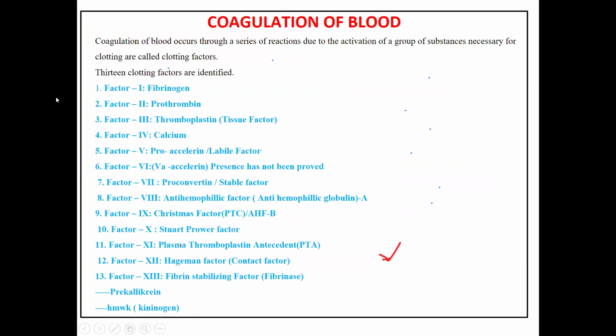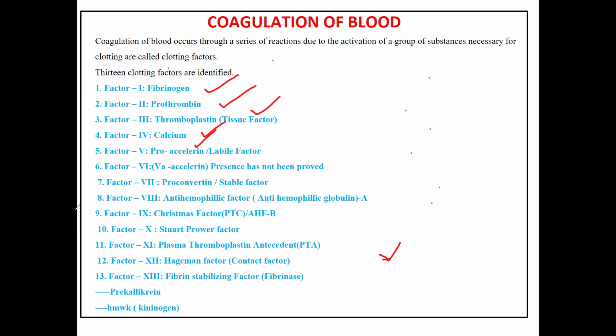Yeah. So here, remember: factor 1, fibrinogen; factor 2, prothrombin; factor 3, thromboplastin or tissue factor; factor 4, calcium; factor 5, proaccelerin; factor 6, accelerin; factor 7, proconvertin or stable factor; factor 8, HFA; factor 9, Christmas factor or HFB; factor 10, Stewart-Prower factor; factor 11, PTA, plasma thromboplastin antecedent; factor 12, Hageman factor; factor 13, fibrin stabilizing factor, FSF.